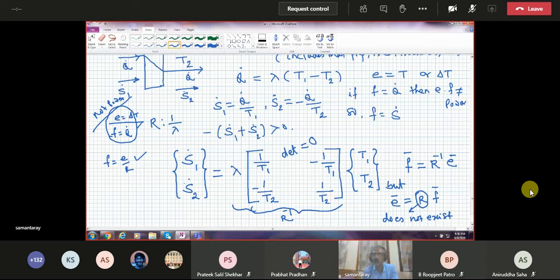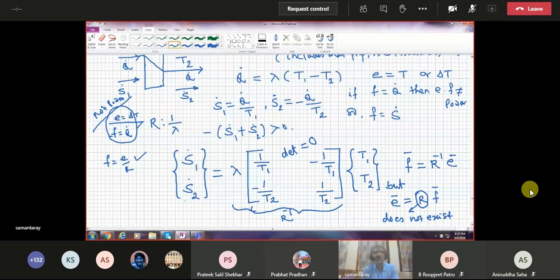You have to move to entropy and write it in terms of this. At an advanced level, you can use some kind of scaling. We know this is a scaled model. We can use scaling and continue to use Q dot as a flow variable.